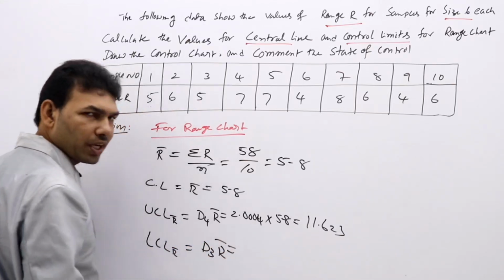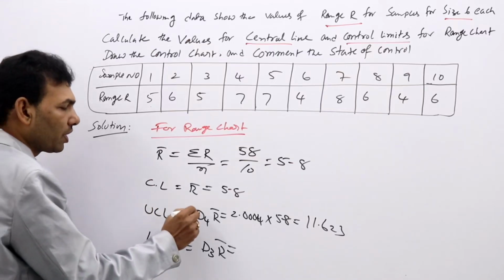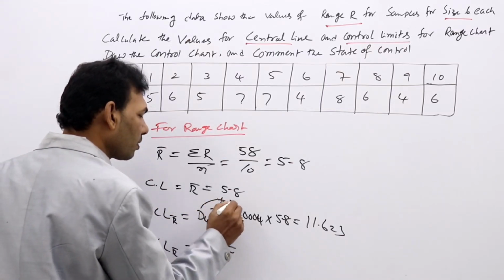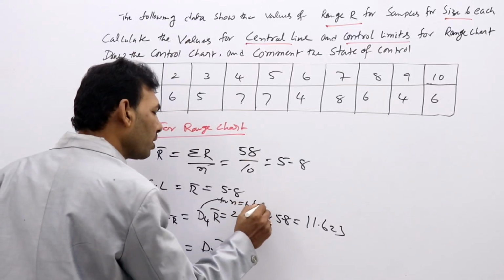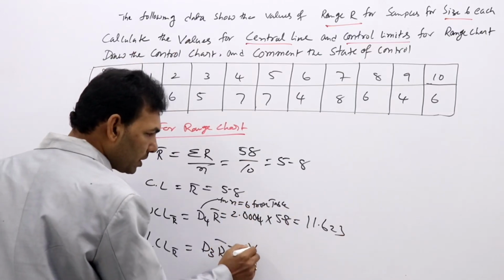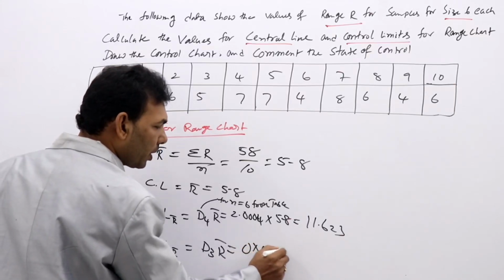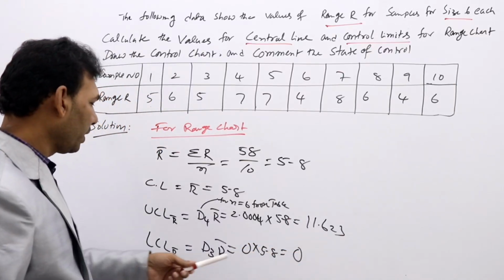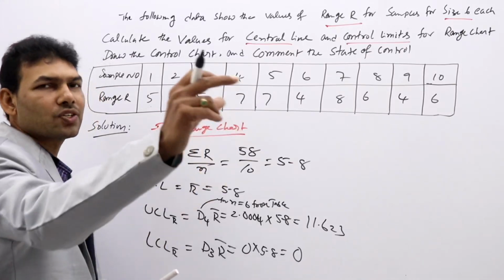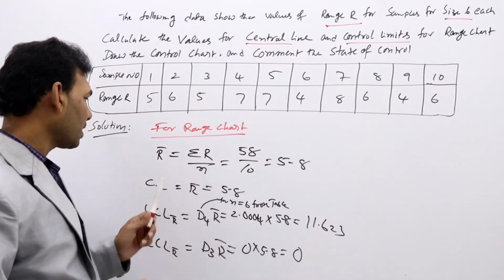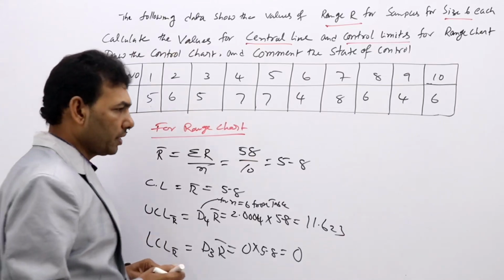This is also from the table. For n equal to 6, this will be 0. 0 into 5.8, so lower control line we write at 0. That is the axis only, horizontal line only. Upper control line at 11.6 and control line at 5.8.